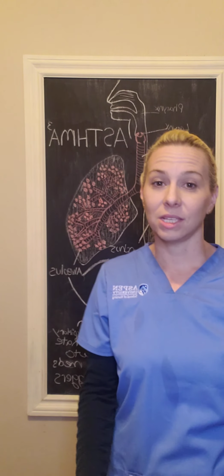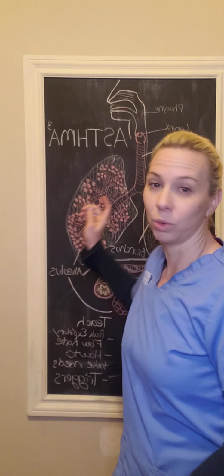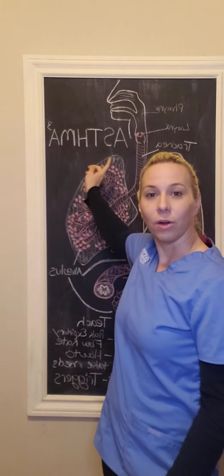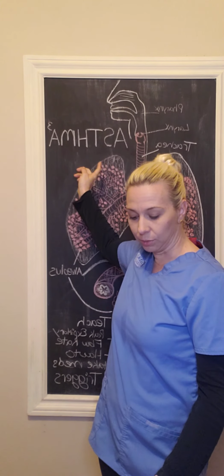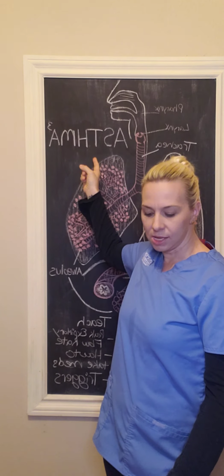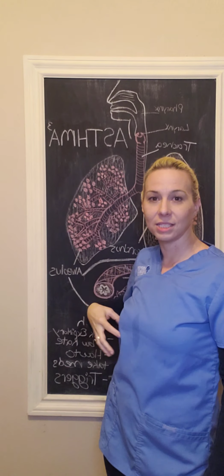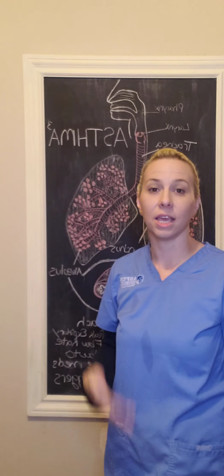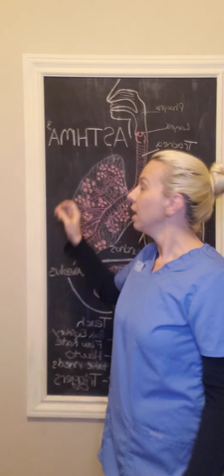And usually the best way to remember the symptoms is with the word asthma times 3. A is for accessory muscle use, S is for shortness of breath and dyspnea, T is for chest tightness and also tachypnea, which is increased respiratory rate.